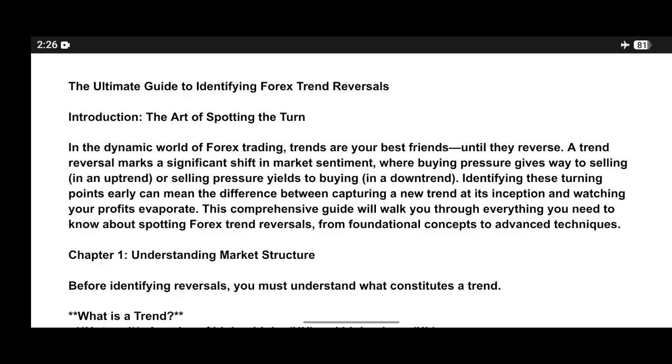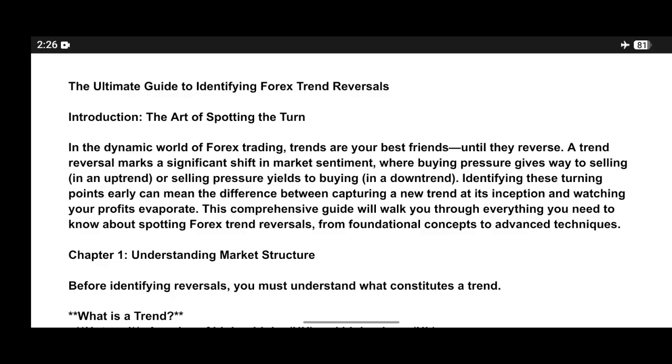In the dynamic world of forex trading, trends are your best friend until they reverse. A trend reversal marks a significant shift in market sentiment, where buying pressure gives way to selling in an uptrend, and selling pressure yields to buying in a downtrend.